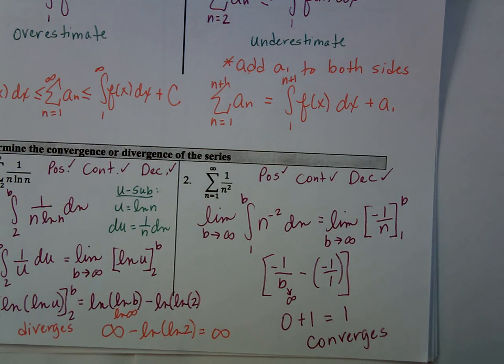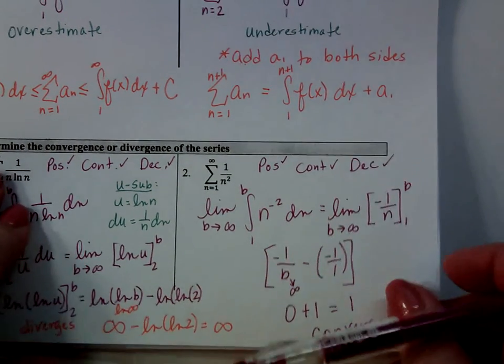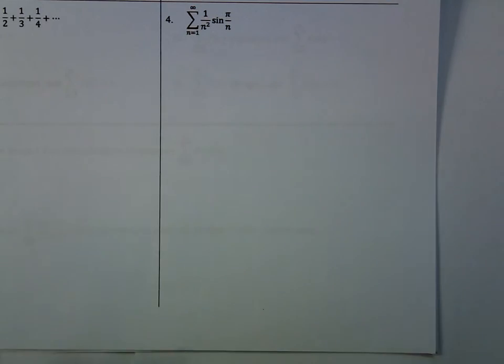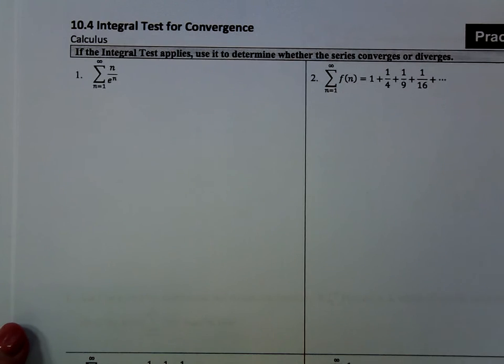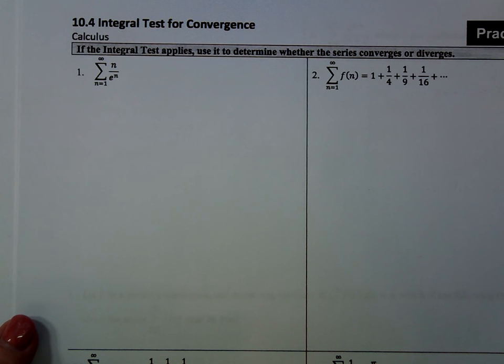All right, those are the 2 examples that go with this section. We're going to pick a few of the practice problems to look at. First one I want to do, funny enough, is number 1. If the integral test applies, use it to determine whether the series converges or diverges.